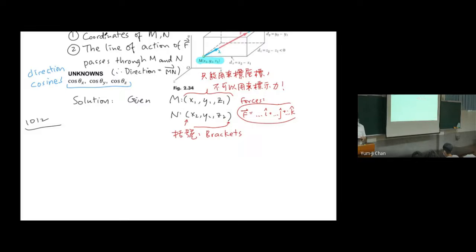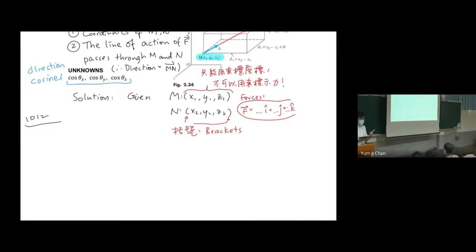Next, after we know what M and N are, we can write down the vector between points M and N. So how should we write it?